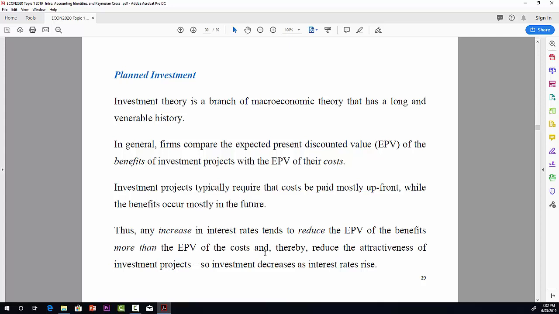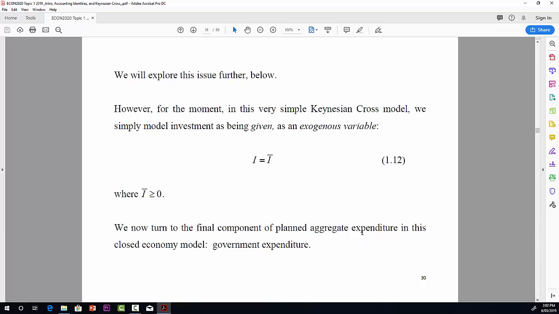Any increase in interest rates reduces the expected present value of benefits more than the expected present value of the costs, because costs tend to be up front. Therefore, this reduces the attractiveness of investment projects. So investment tends to go down as interest rates go up. We will explore that issue further below.